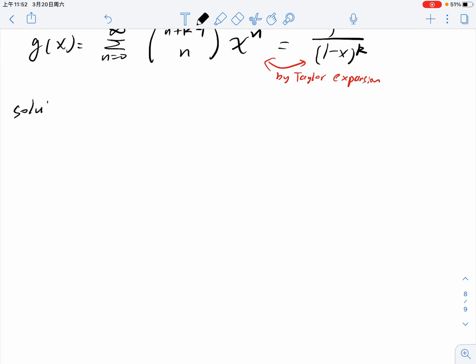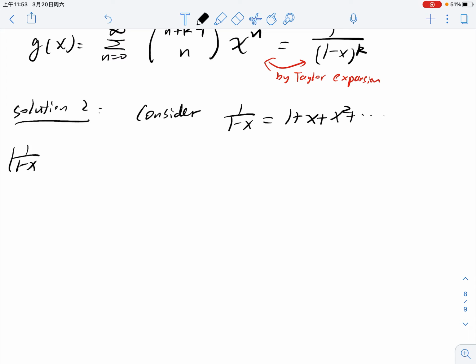And for solution 2, we note that 1 over 1 minus x is 1 plus x plus x squared plus all the way to infinity. Then 1 over (1 minus x) to the k's power can be written down as follows.